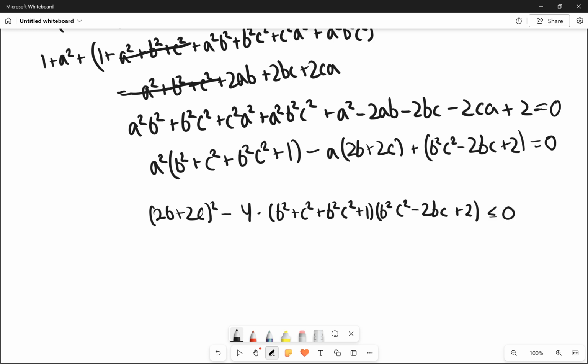And we can divide both sides by 4 and neatly factor each of these guys here because they can be factored, except when we add 1, subtract 1, it could be factored. In doing so, we get b plus c squared, remember, we divide everything by 4, minus 1 plus b squared, 1 plus c squared, and then finally bc minus 1 squared plus 1 is less than or equal to 0.